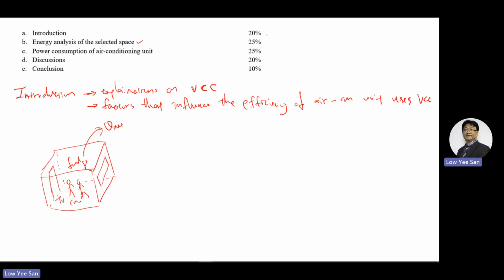So that one you need to go and search literature. What is the heat transfer or the power output of all the electrical appliances that you can think of? You don't need to think of anything unusual, because this is an office building, so be logical.